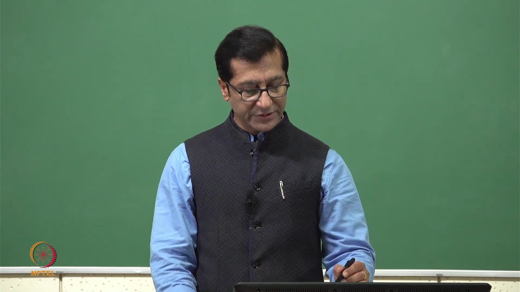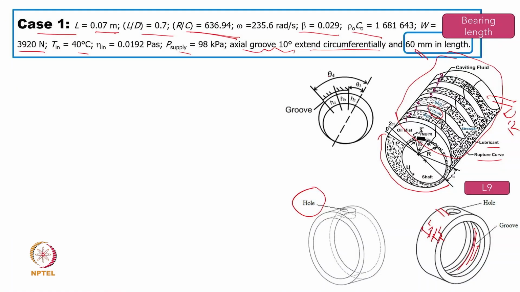Now in the present case, theta 4 minus theta 3 has been given as 10 degrees. That means the circumferential angle is 10 degrees, and if I take this as the complete length, this length has not been selected. Maybe 5 mm from this side and 5 mm from this side has been left, and that is the length of the groove. Why are we not using a through-and-through groove?